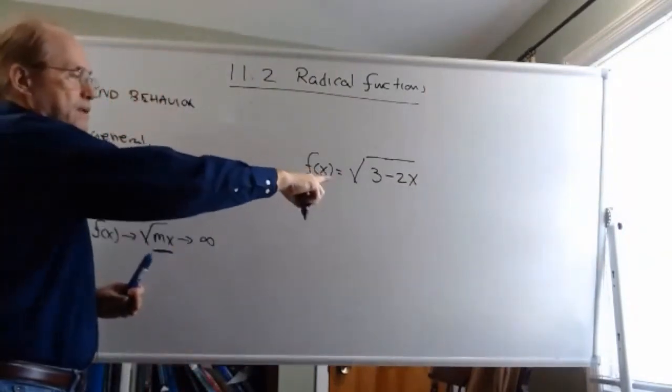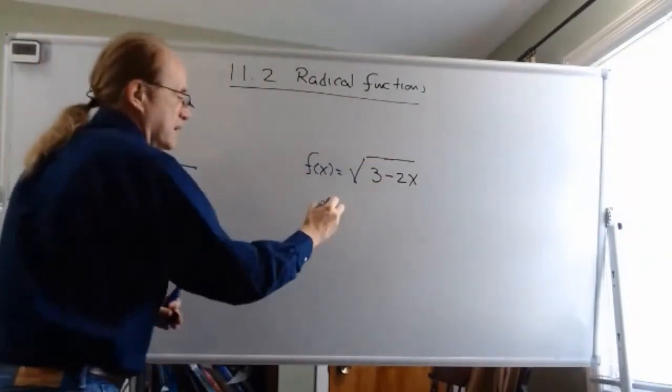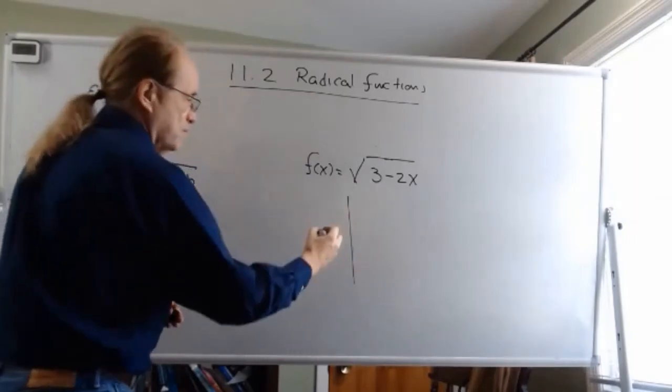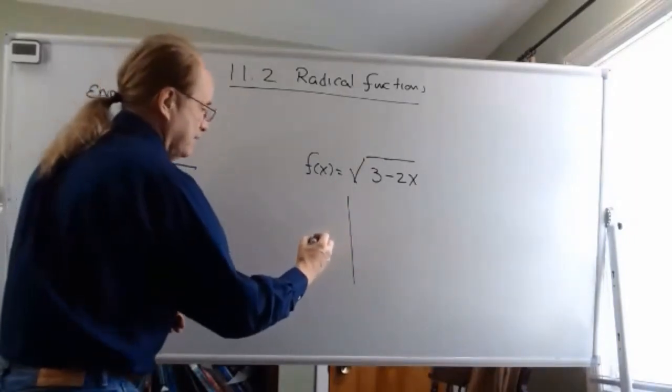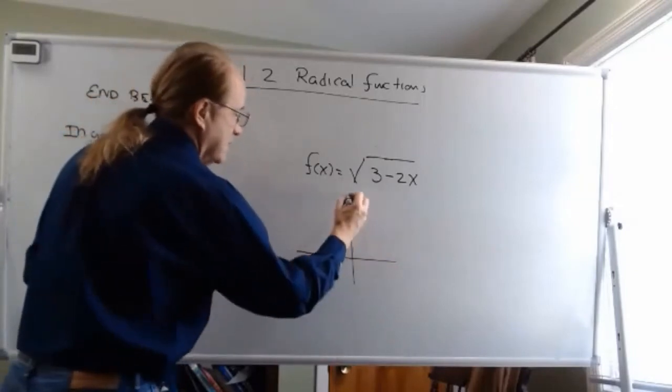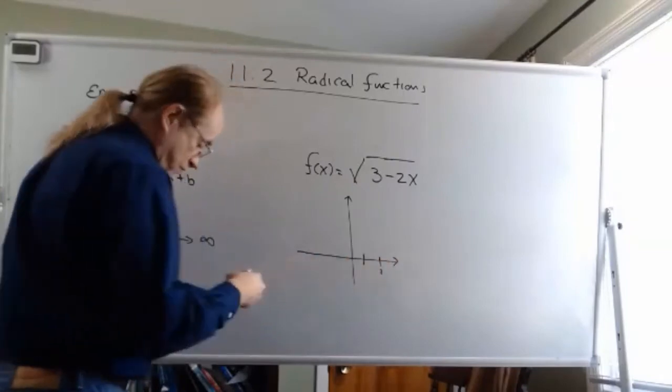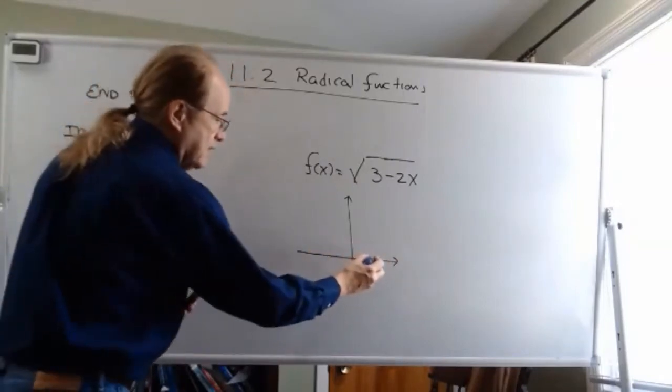If I look at my domain over here, this is the graph of this function. It's going to look like this. It goes to 3 halves, x is a positive 3 halves. So it looks like this. Here's 1 and there's 2. So it goes right between there, and it looks like this.